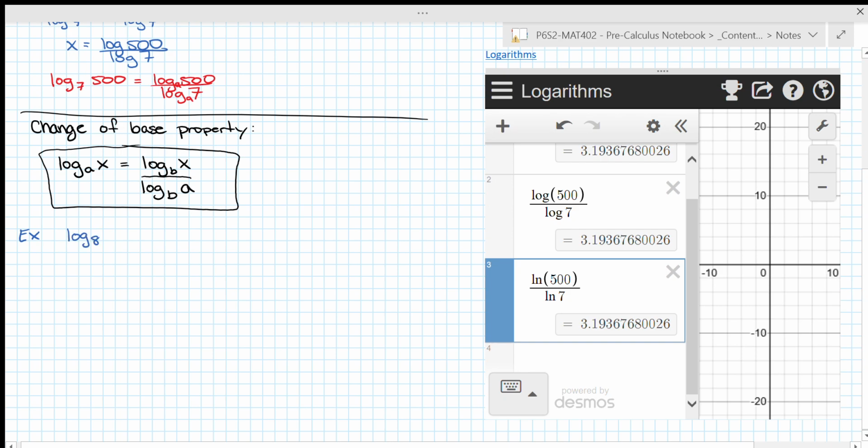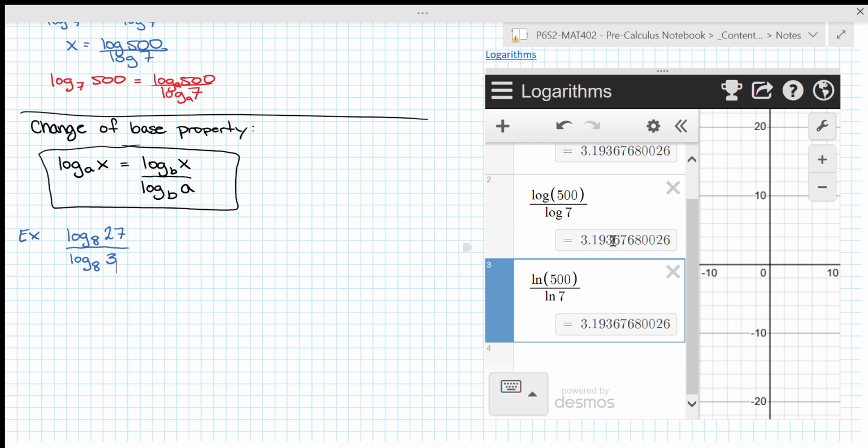If I had like the log base 8 of 27 divided by the log base 8 of 3. Well, the log base 8 of 27, just looking at that numerator alone here, this is trying to find what is the exponent on the power of 8 that would give me 27 as an answer.